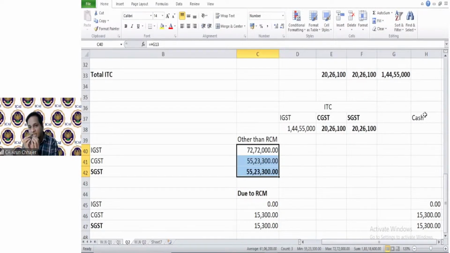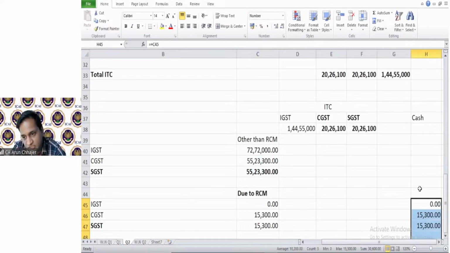Please calculate and tell me how much of the IGST, CGST, SGST we can pay using ITC, and the balance portion we have to pay in cash. We all know that RCM liability will always be discharged in cash. That is correct.